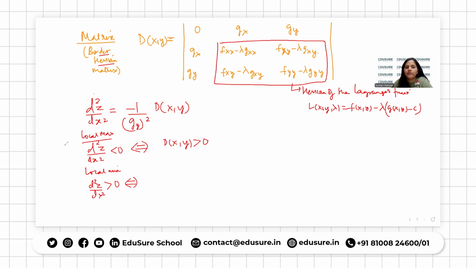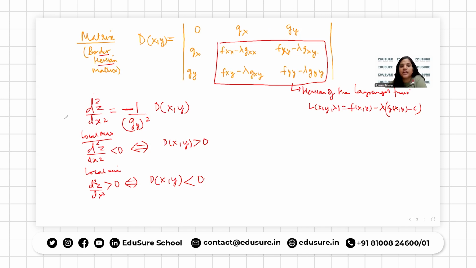This is equivalent to Dxy being negative, because of this negative sign. Okay. So these are the sufficient conditions to check whether a point is a point of local maxima or local minima. Because once we have the stationary point, how are we going to confirm whether it is a point of local maxima or minima or not?